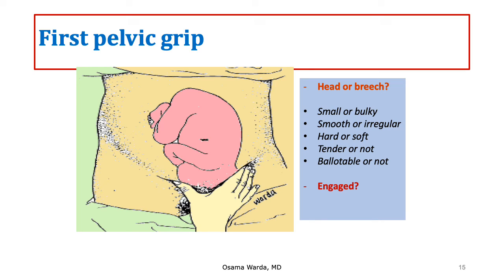With these criteria obtained, we can confirm whether the lower uterine segment is occupied by the fetal head or the fetal breech. We finally try to move the fetal part in the lower uterine segment to detect its independent movement, let's say ballottement. Okay.